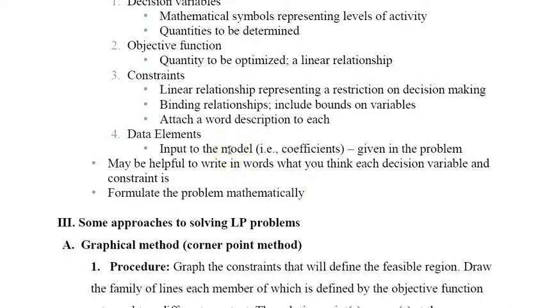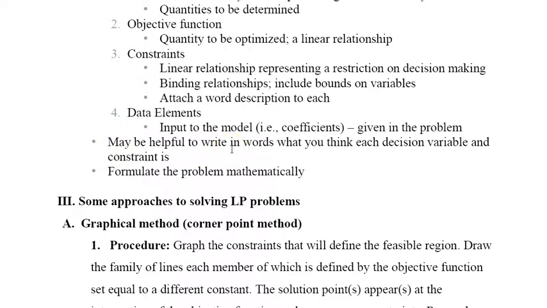The coefficients of the decision variables represent either profits or costs, so we have to identify those carefully. And also the coefficients of the decision variables in the constraints are usually technological coefficients that don't change from time to time. So you want to put all these things together and formulate the problem mathematically. So you need to have a mathematical formulation for this problem.